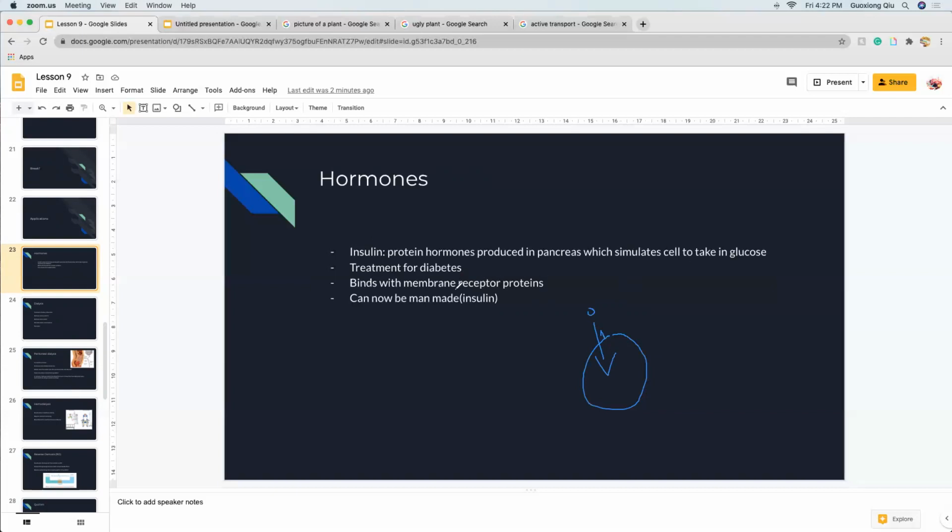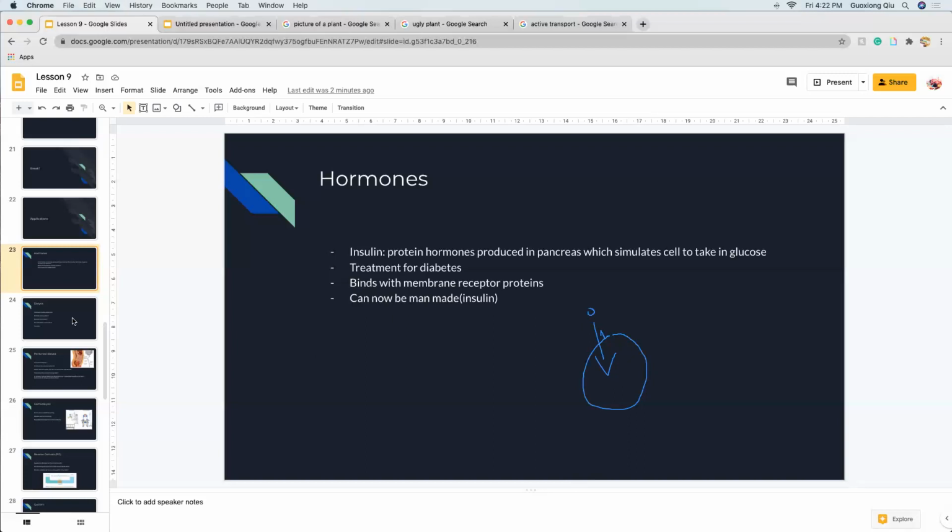In the past, when man-made insulin wasn't available, I don't remember exactly, but I think my teacher said that they took insulin from cats or lamb or sheep or something. At some point, they couldn't make man-made insulin, so they just took insulin from another living thing.